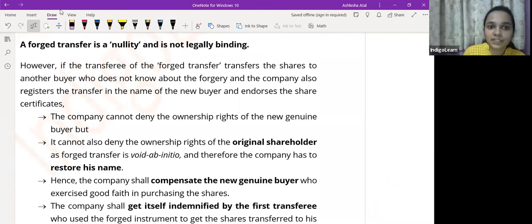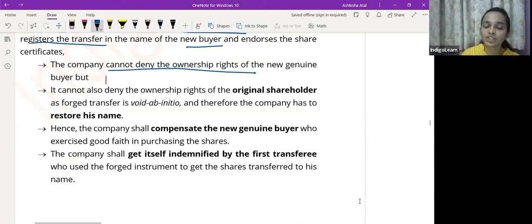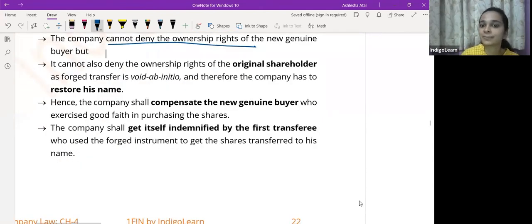So if the transferee of the forged transfer transfers the shares to another buyer who does not know about the forgery, and the company registered the transfer in the name of the new buyer, then in that situation the company cannot deny the ownership rights of the new buyer, but it can also not deny the ownership rights of the original shareholder, and therefore the company will have to restore the name of the original shareholder in the register of members.